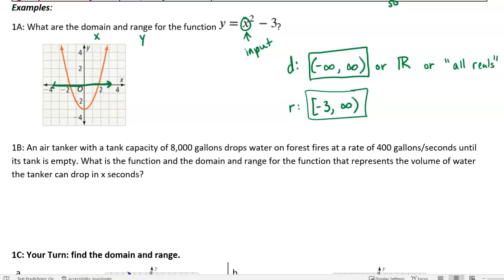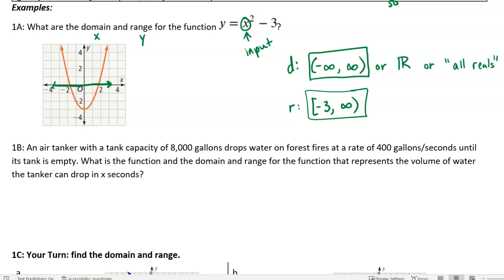Now what if it's a story problem? Let's look at this next example. It says, an air tanker with a tank capacity of 8,000 gallons drops water on forest fires at a rate of 400 gallons per second until its tank is empty. What is the function and the domain and range for the function that represents the volume of water the tanker can drop in x seconds?